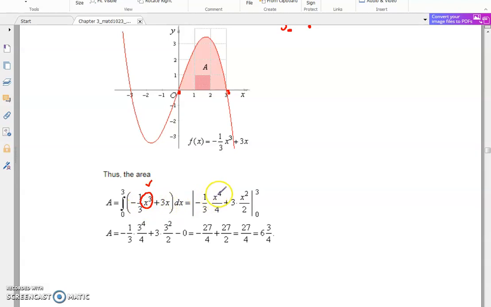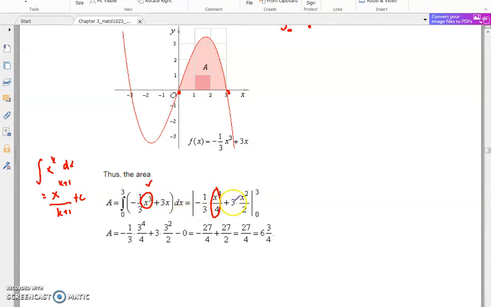You get x to the power of 4 over 4, that is 3 plus 1. If you still remember, if you integrate x to the power of k dx, you get x to the power of k plus 1 over k plus 1, where k is a constant, plus c.